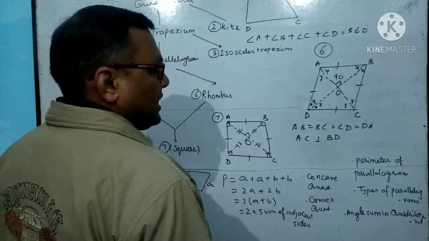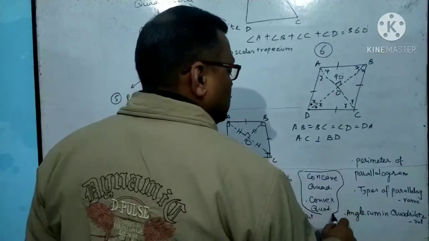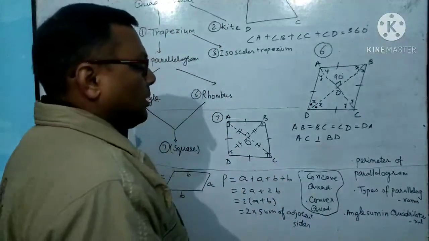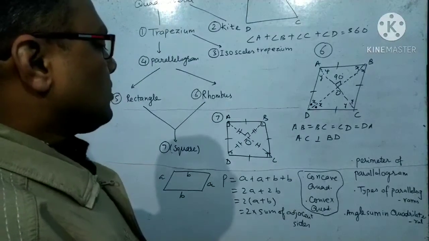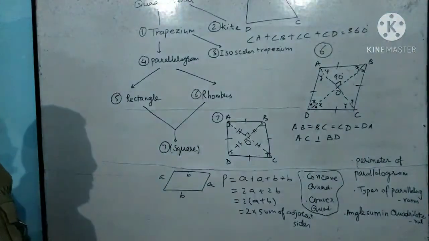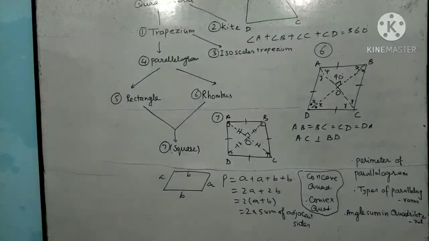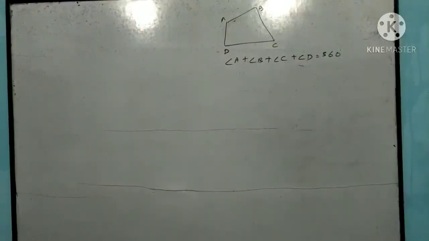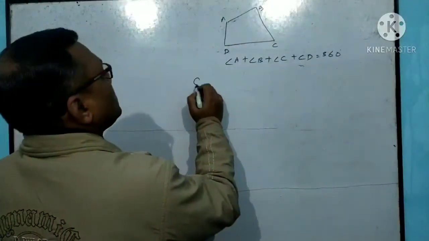Now one thing is left, concave and convex quadrilaterals. This is the thing you have to take into consideration. You note it down. Now I am going to take concave and convex quadrilaterals. First I am going to take the convex quadrilateral.